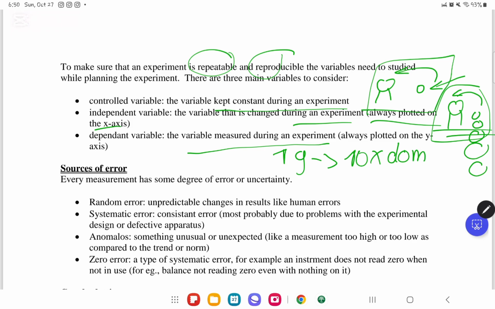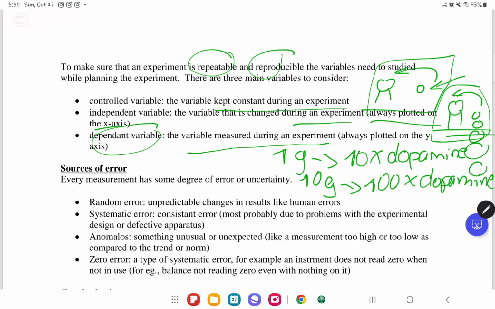I have no idea what I'm saying, I'm just making it up. So if he takes 1 gram, he'll have 10 times dopamine than usual. If he takes 10 grams, then let's say he will have 100 times dopamine than usual. So the dopamine is the dependent variable, or the variable that is measured during the experiment.